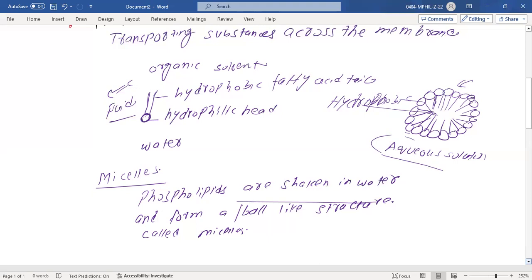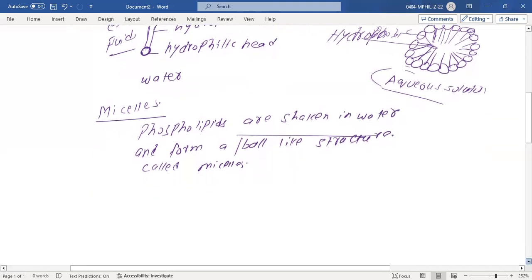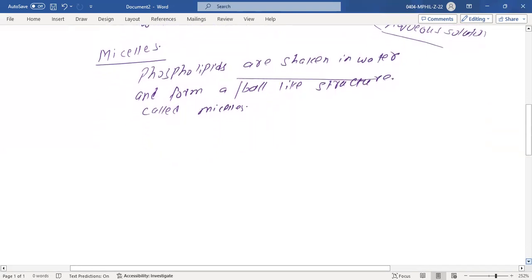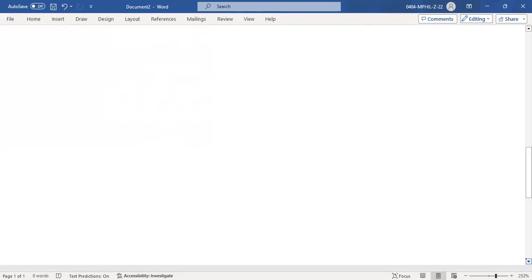Okay. Now we can also draw a structure of the cell membrane, to see completely how it looks and what different components are present in it. So, the composition of the cell membrane. Again, we are going to understand in detail what components are present in the cell membrane.